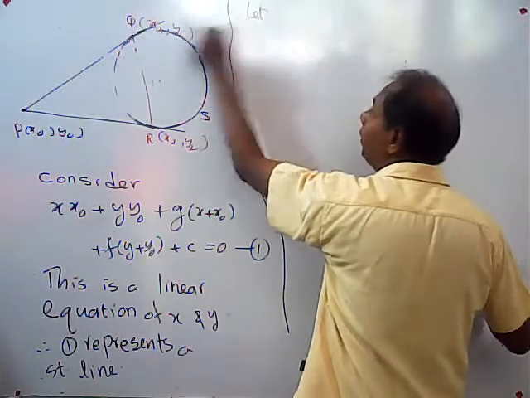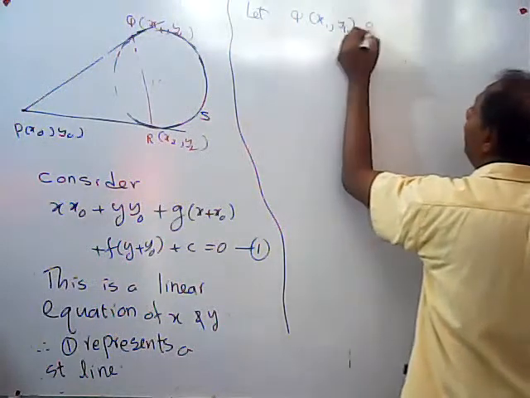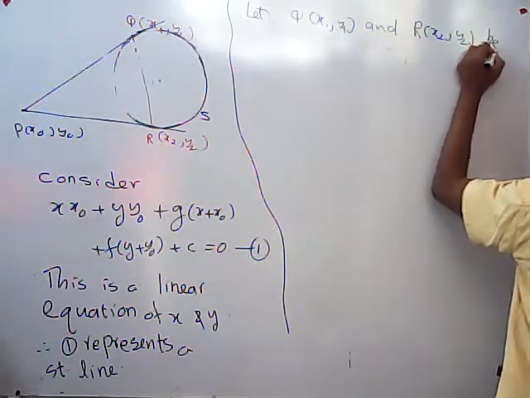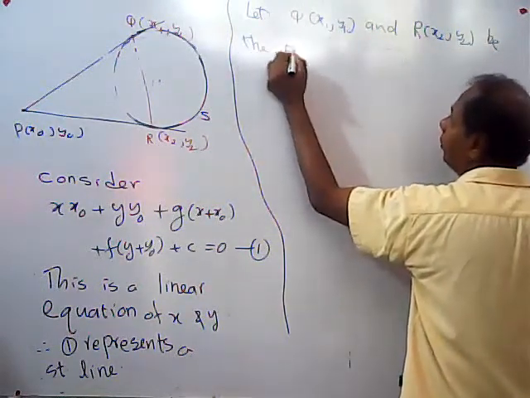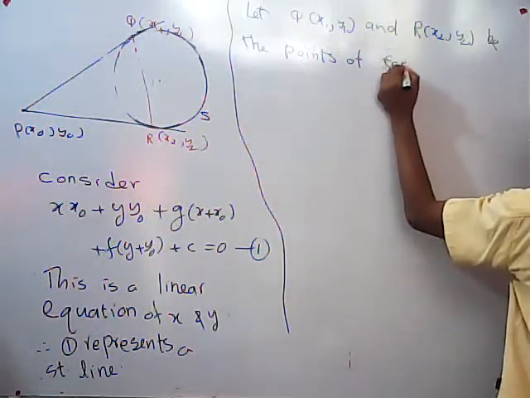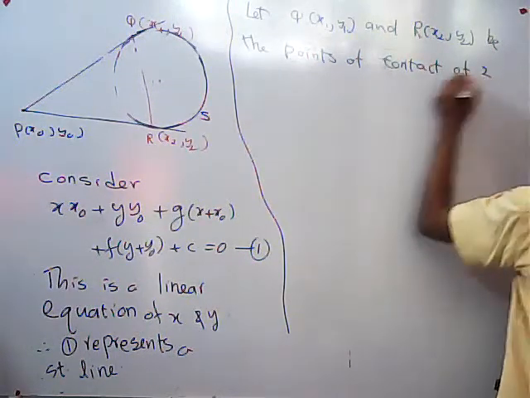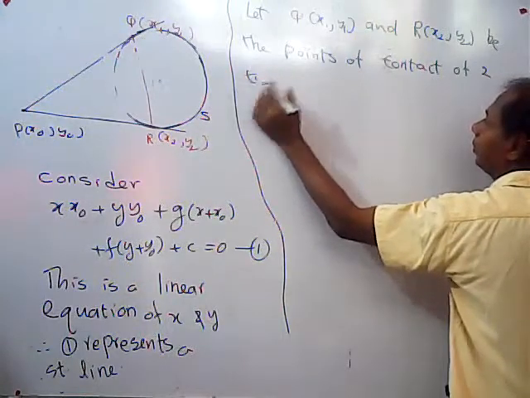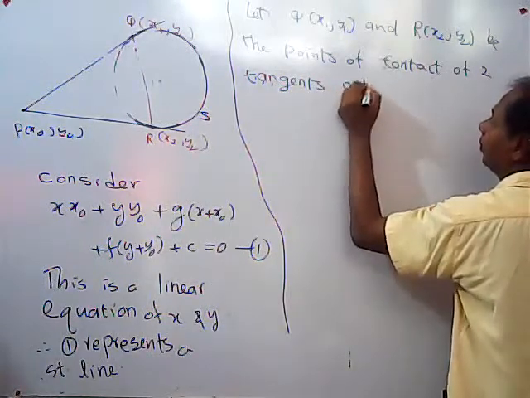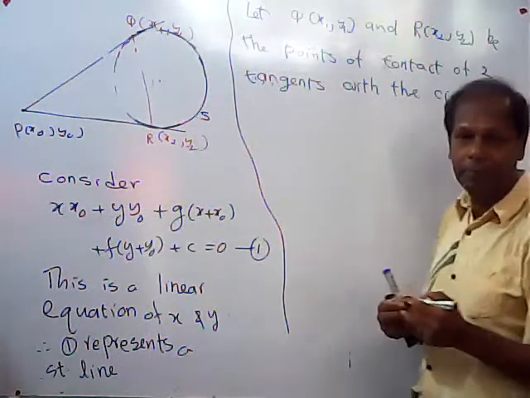So let Q(x1, y1) and R(x2, y2) be the points of contact of the two tangents with the circle. Okay.